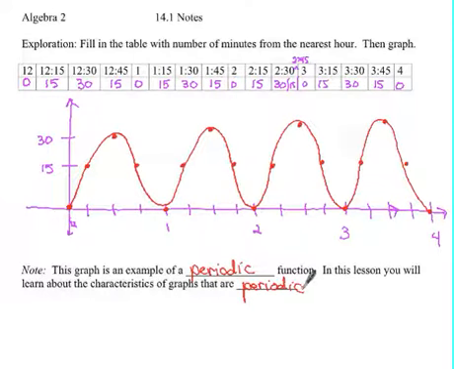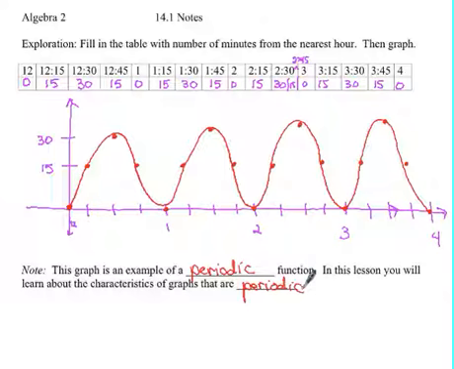And periodic just means that the graph has a repeating pattern, that there is a certain length on the x-axis in which it's almost like you would be taking a stamper and you could just keep stamping the exact same pattern along the x-axis.